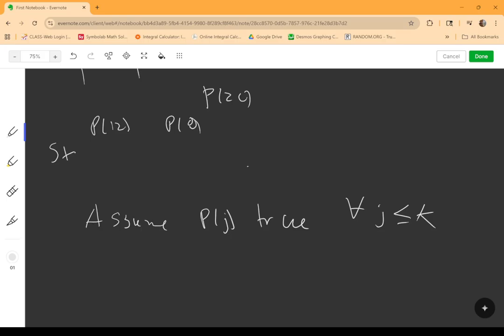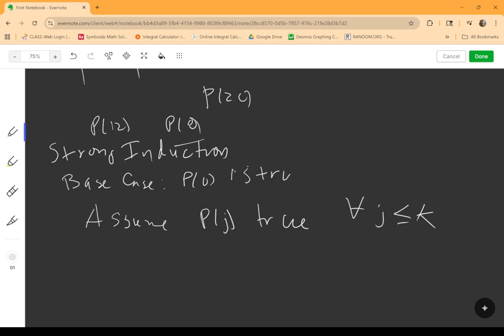Strong induction: we need our base case. Prove p of 0 is true. And again, sometimes it might be necessary to prove more than one base case, but in general we have our base case or cases. And here is where the inductive step comes into play.